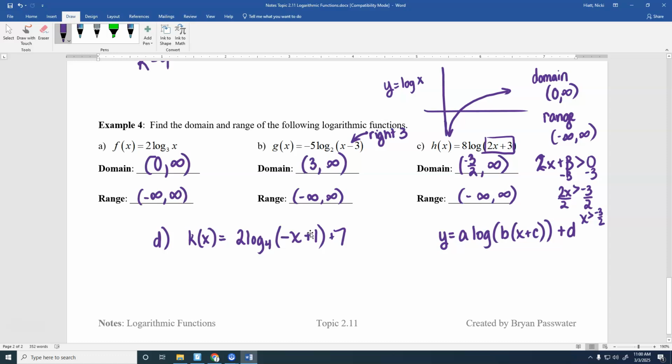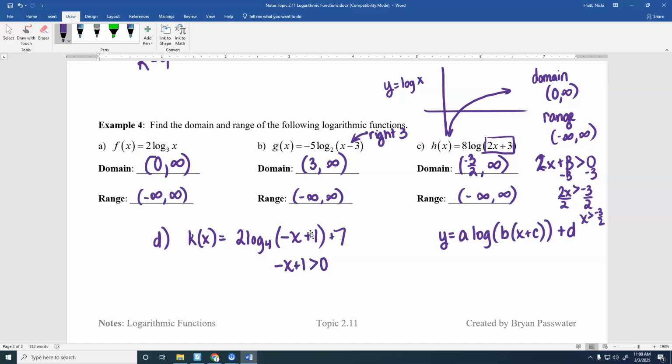It's kind of weird. But again, I think the easiest way to do this is take negative x plus 1 and say that it has to be greater than 0. Whatever is inside of that log has to be greater than 0. Yes, always greater than, it starts off as greater than 0.